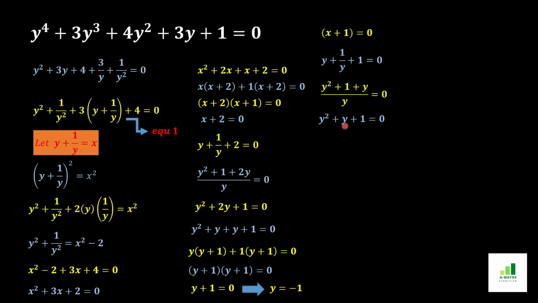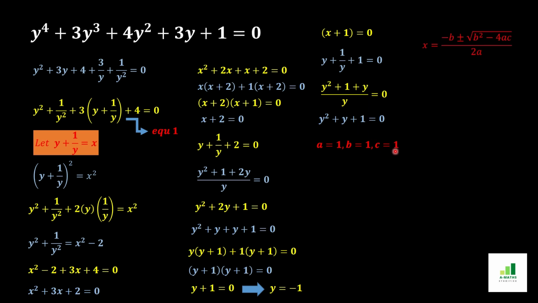When we compare, we get a equal to 1 because the coefficient of y square is a, the coefficient of y is b, which is 1, and the constant value is c, which is 1.